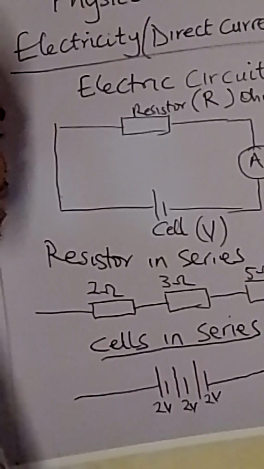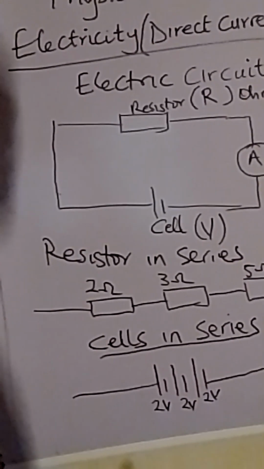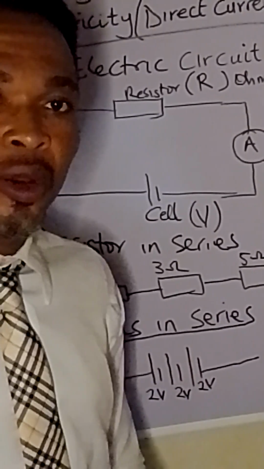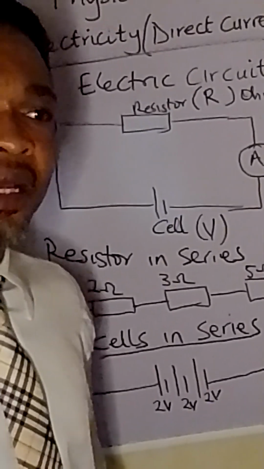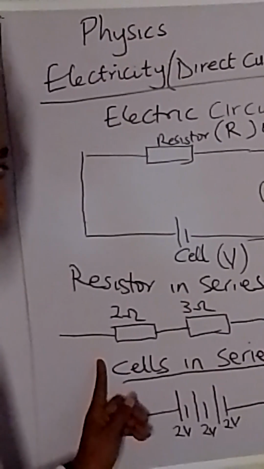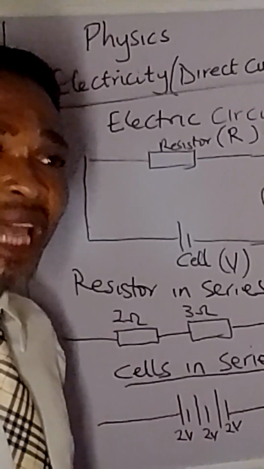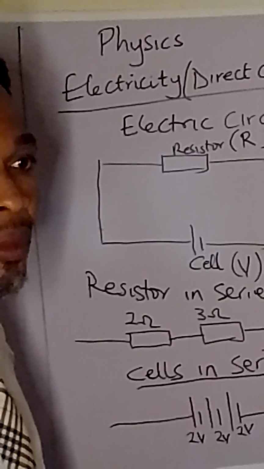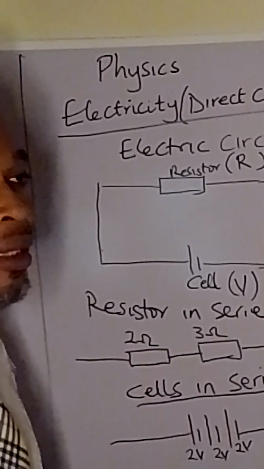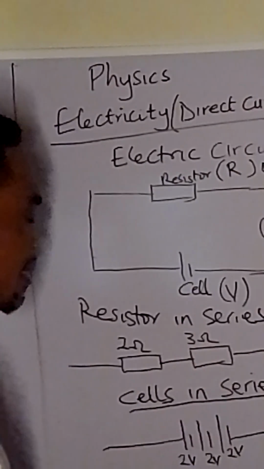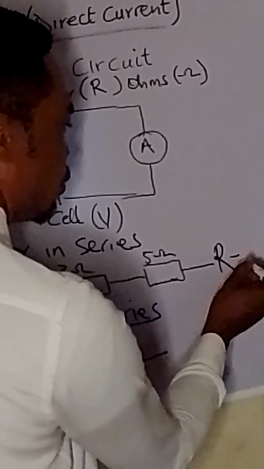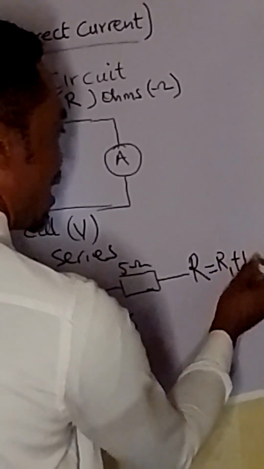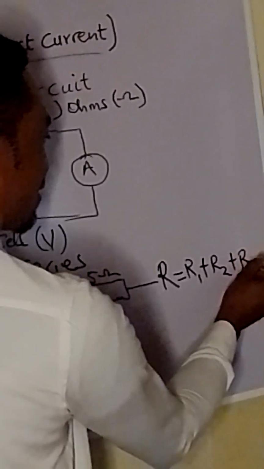Now, for every series connection, whether we are talking about resistors in series or cells in series, the resultant resistance, what do we mean by resultant resistance? That means the total resistance in the circuit is obtained by adding the resistors. That means that our R, which is the resultant resistance in the circuit, will be equal to R1 plus R2 plus R3.